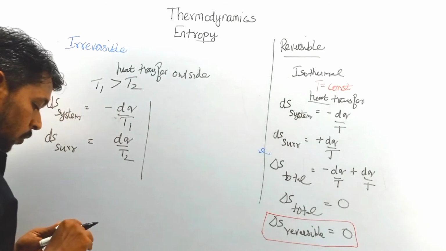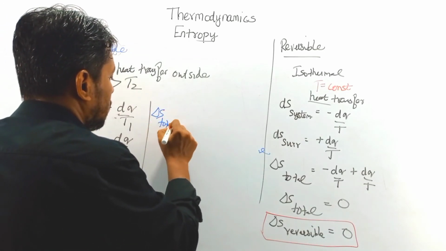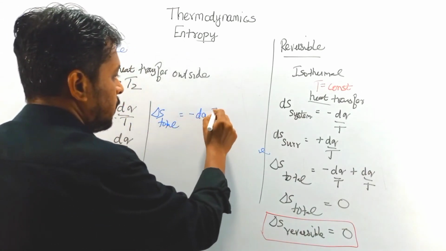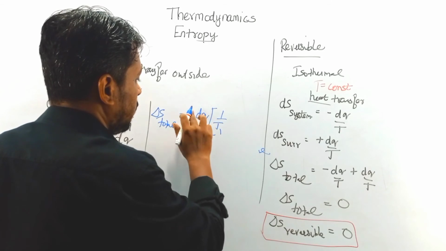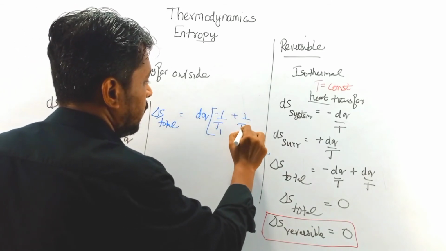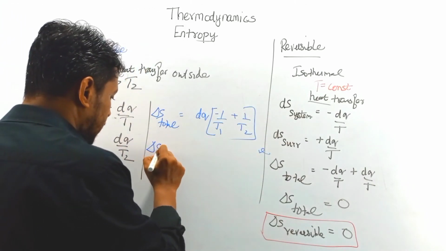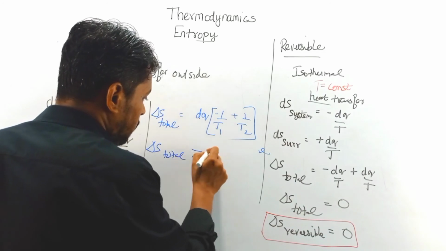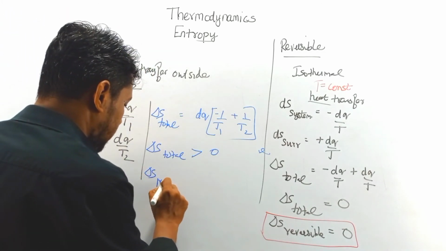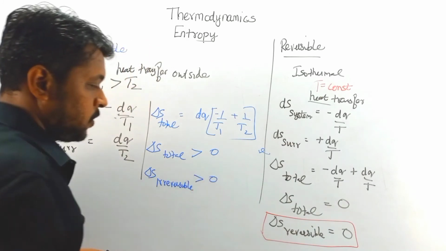So in total, taking dq as common, it will be dq times minus 1 by T1 plus 1 by T2. From this we can say that delta S total will be greater than 0, or the delta S for an irreversible process is greater than 0.